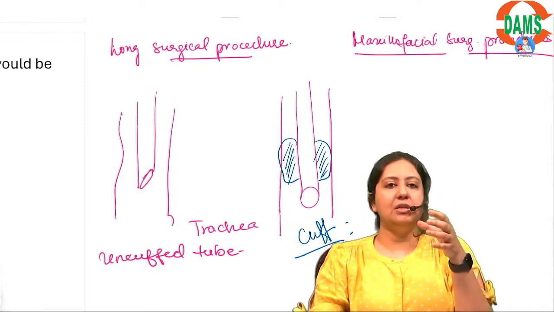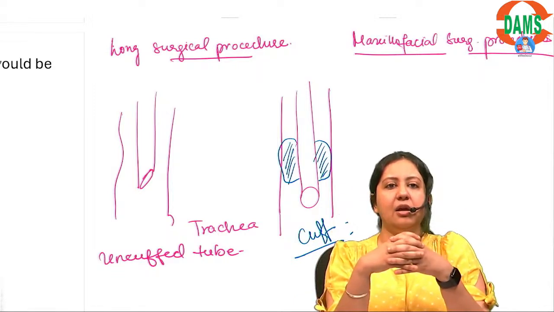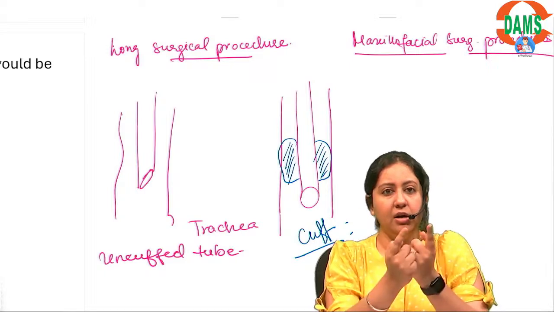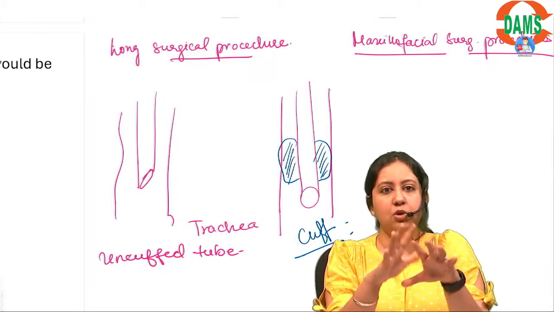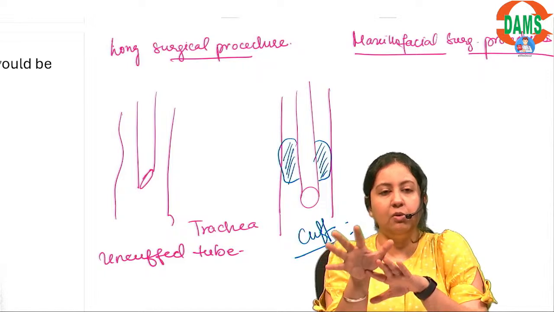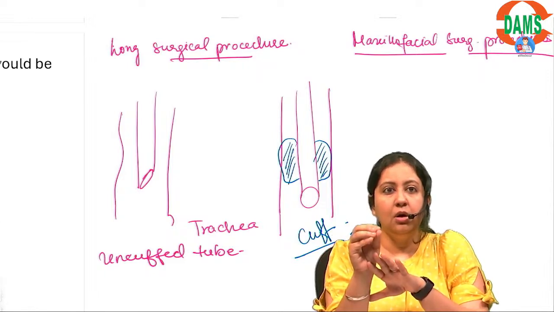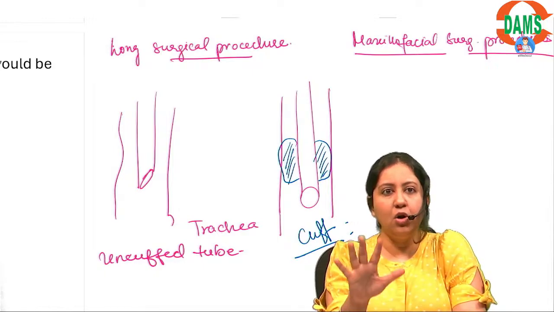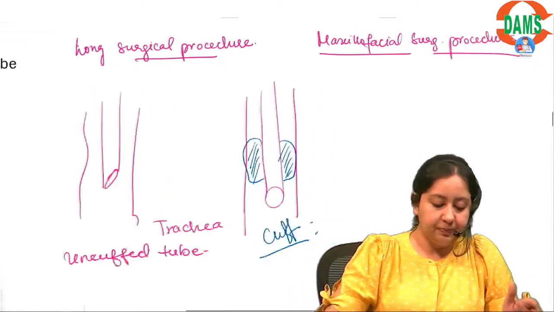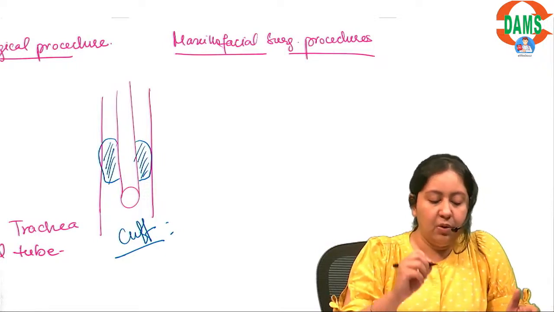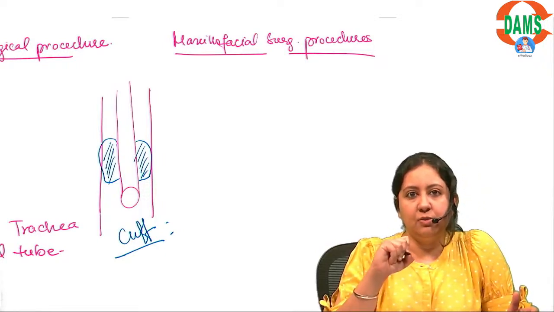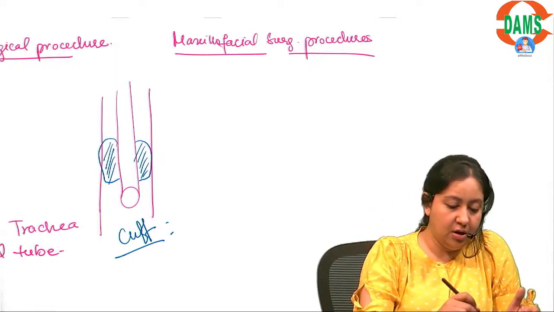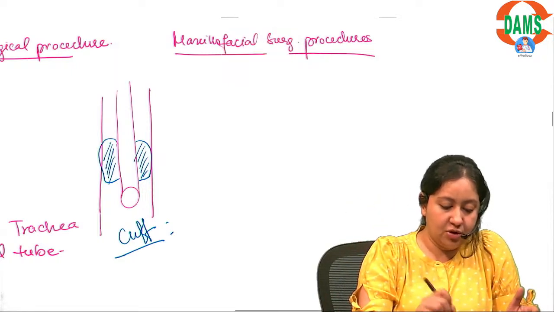The cuff fits snugly with the walls of the trachea, so the cuffed tube will prevent displacement of the endotracheal tube. So it is perfect for long surgical procedures. Now, maxillofacial surgical procedures, most of them are usually long surgical procedures.